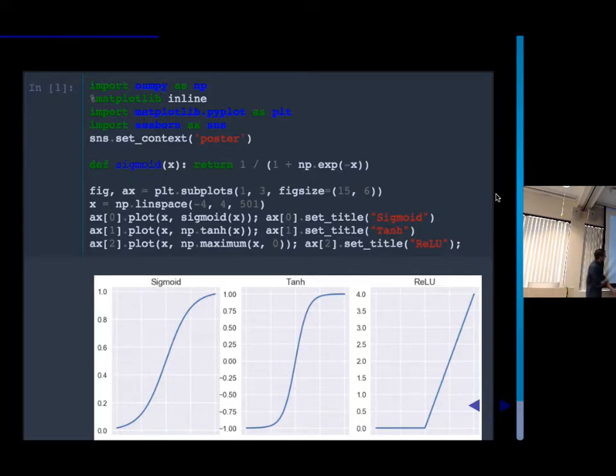And then the last one is the relu function, which stands for rectified linear unit. As you can see, it's basically just taking the identity function, y equals x, and clipping it at 0. So this is almost a linear function, but it's actually nonlinear. It's a piecewise linear thing.